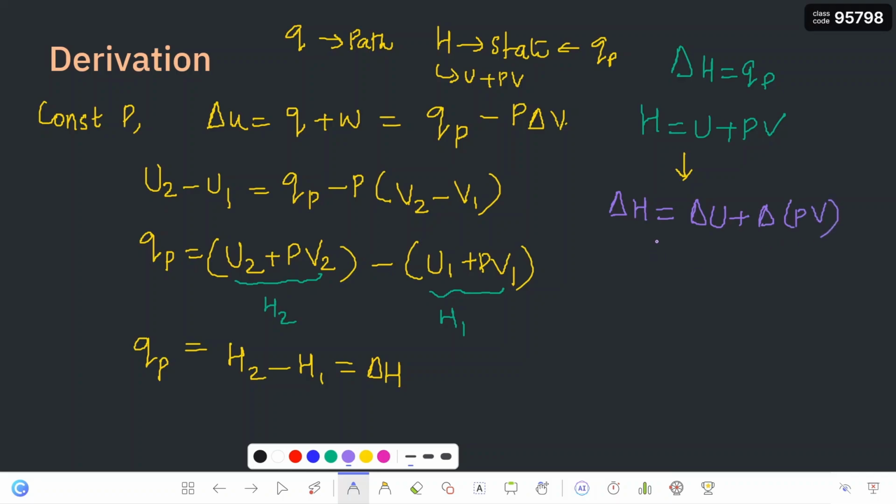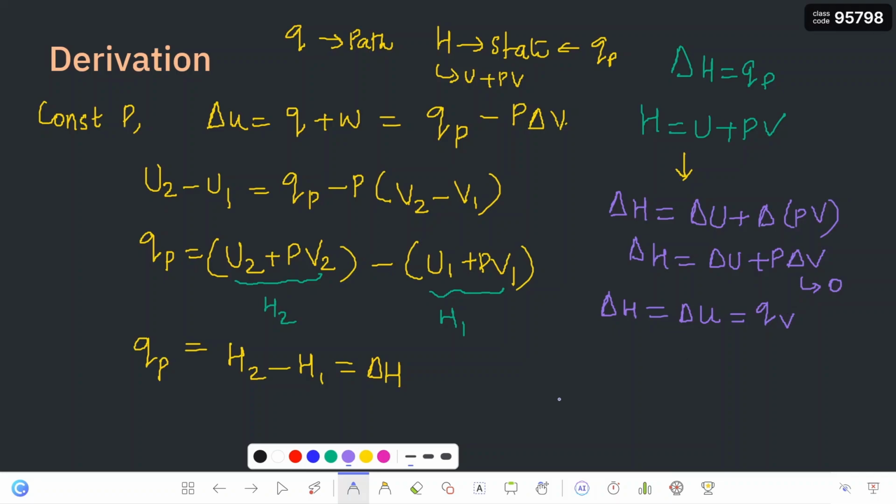If it is carried out at constant pressure, we can write delta H is equal to delta U plus P delta V. Suppose it is carried out at constant volume, then delta V is equal to 0. In that case, delta H is equal to delta U, which, as I already told, is equal to QV.